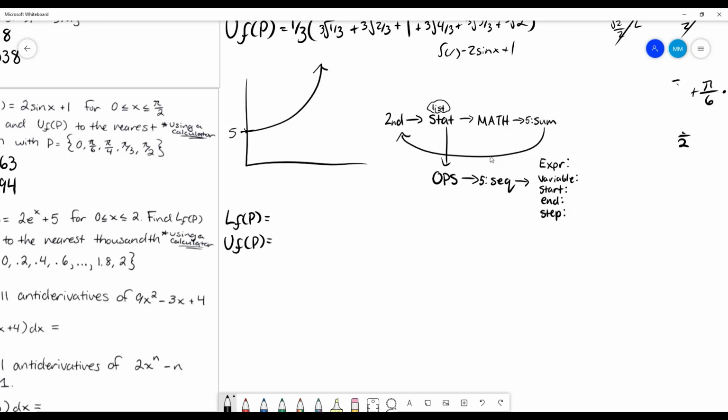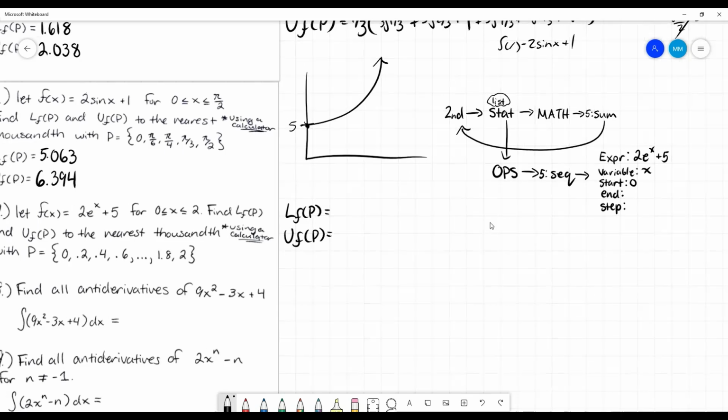So in our case, we're just going to type in 2e to the x plus 5. The variable is x. Our starting point, since we're using a left sum for our lower estimate, is going to be 0 here. And since our subintervals are 0.2, we know that using that left estimate, we're not going to get to this 2.